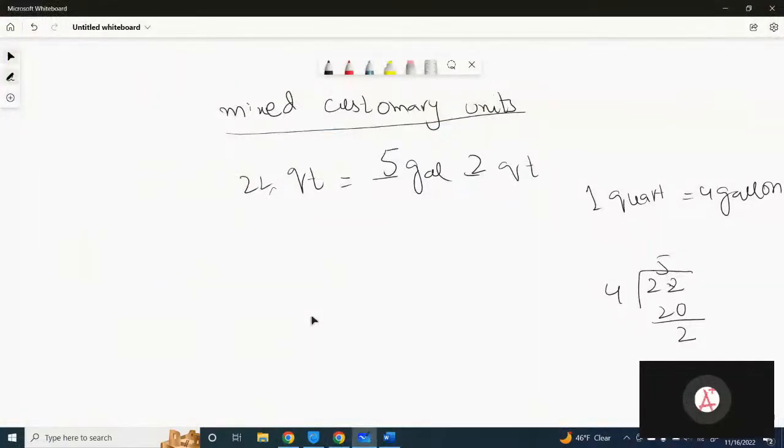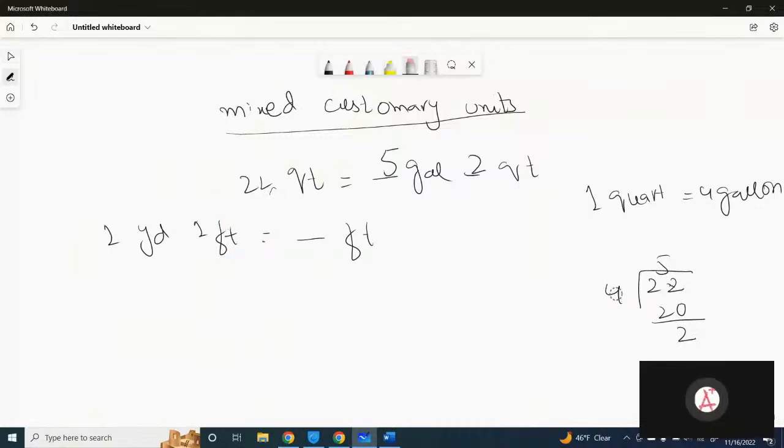Okay, the next one is 1 yard and 1 foot. You have to convert it into feet. Got it? So we actually have to learn the basic conversion units.